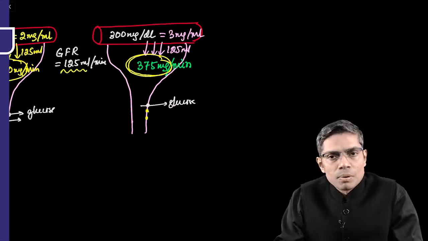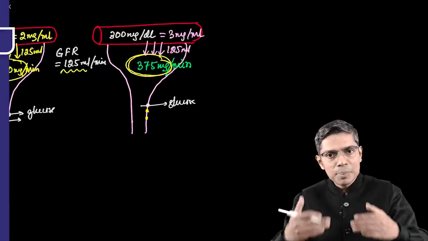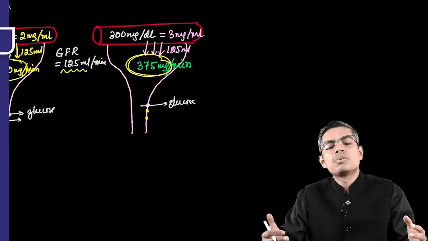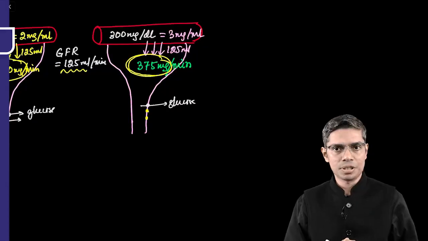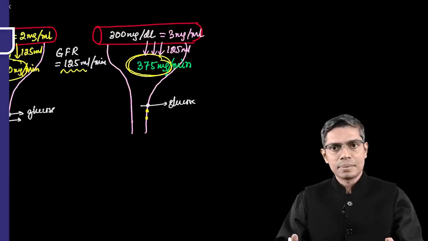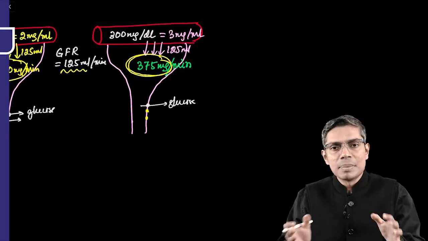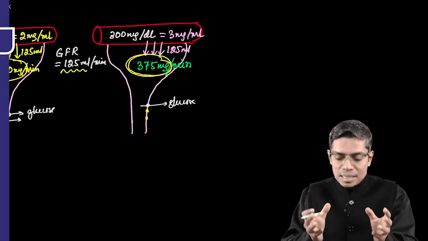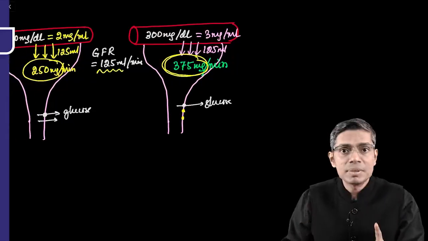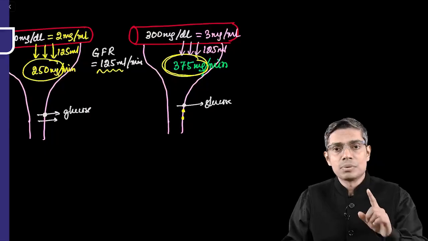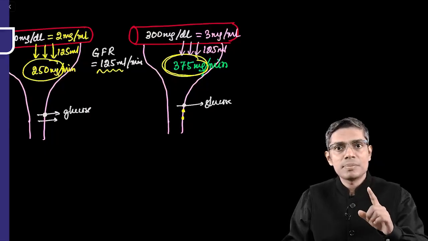Whenever there is saturation, after that saturation point no further increment in glucose absorption is possible, right? So that is saturation. If by some measure I can measure the maximum amount of glucose that can be reabsorbed by this proximal tubule, that value is known as the transport maximum of glucose.